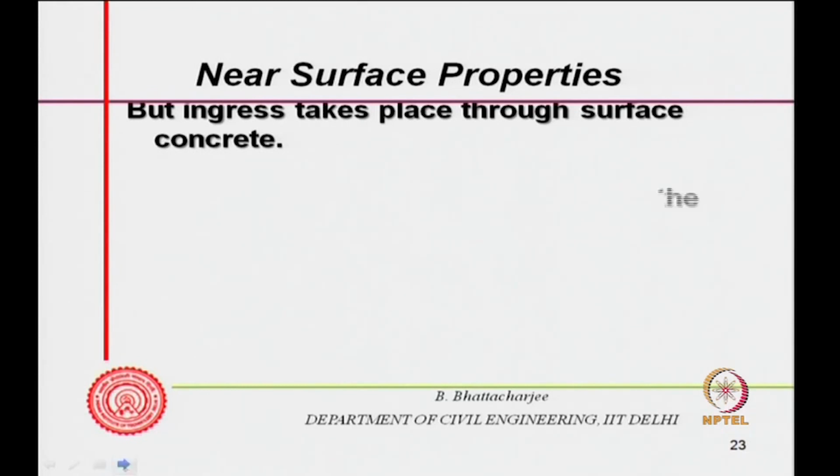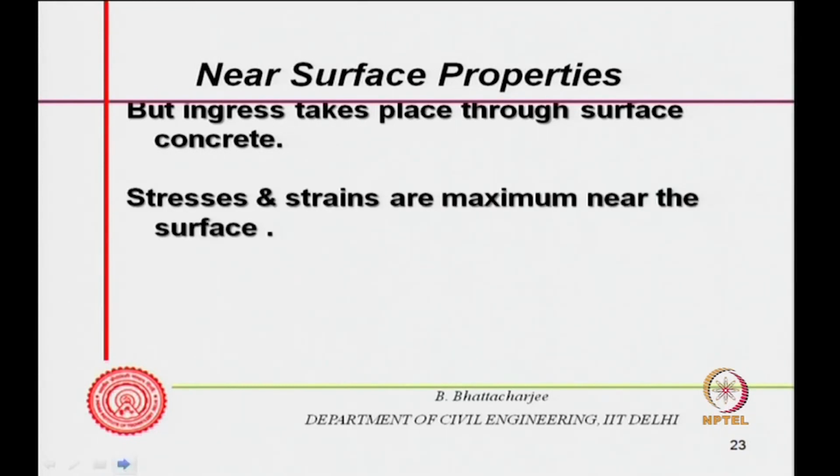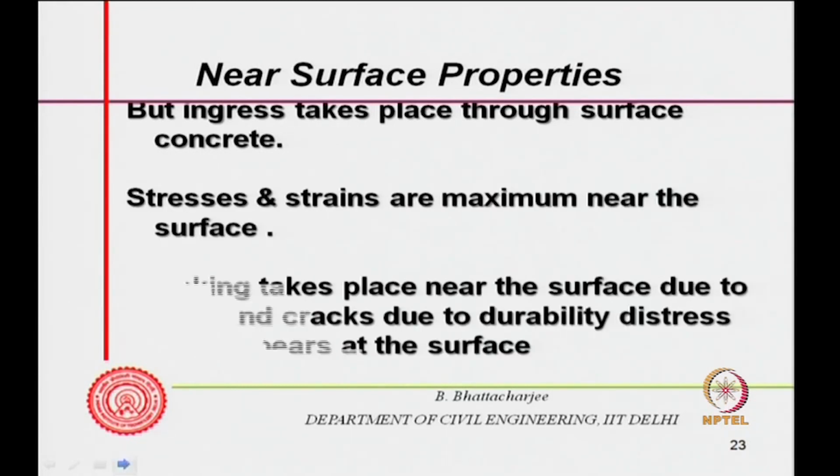So, ingress takes place through the cover concrete, stresses and strains are maximum at the cover concrete, and cracking also first takes place at the cover concrete. Even if it takes place inside, it does not matter, but when it comes to the surface, it would cause more penetration of more harmful ingredients, and therefore the durability problem will be enhanced further.